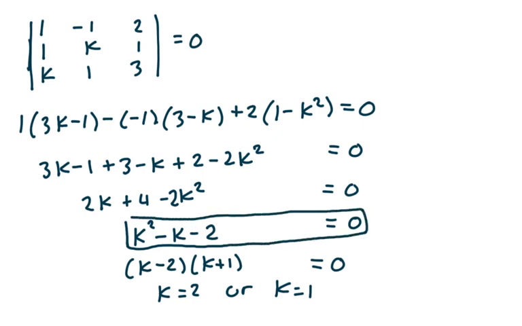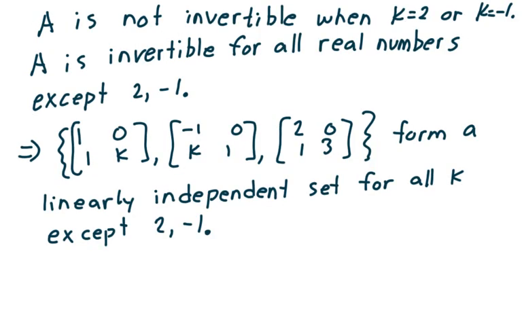When I solve for k, I get k equal to 2 or k equal to -1. Do you guys notice that to go from here to here, I divide everything by -2? And then come over here.